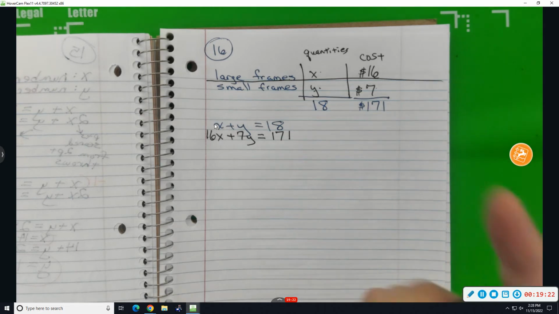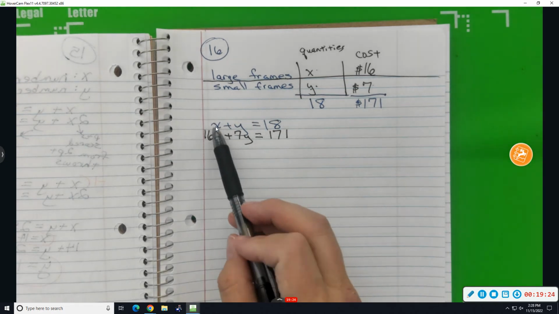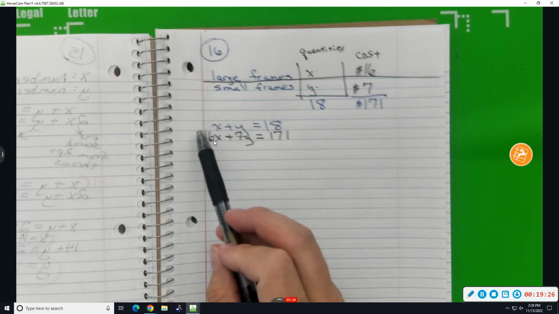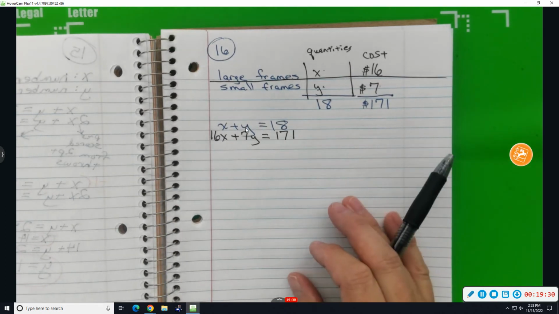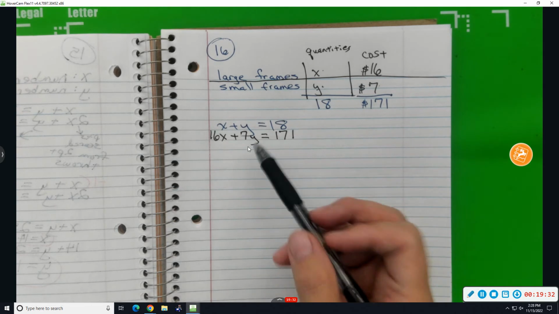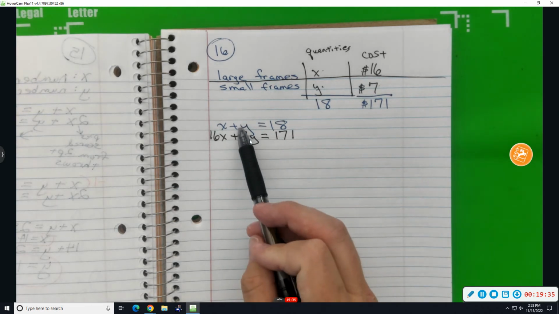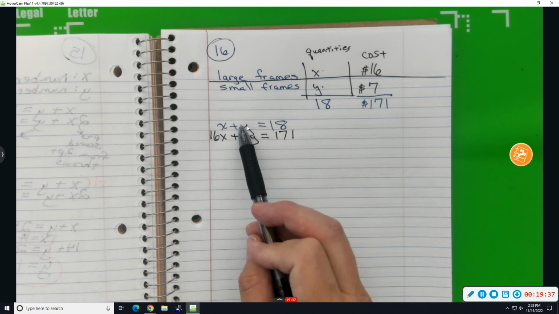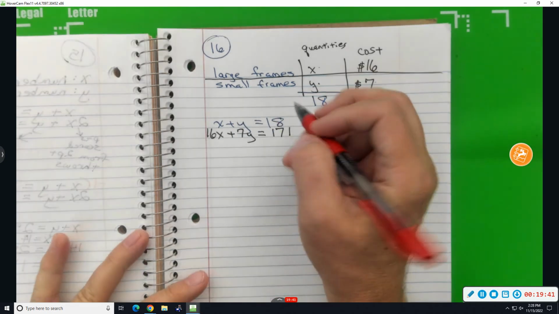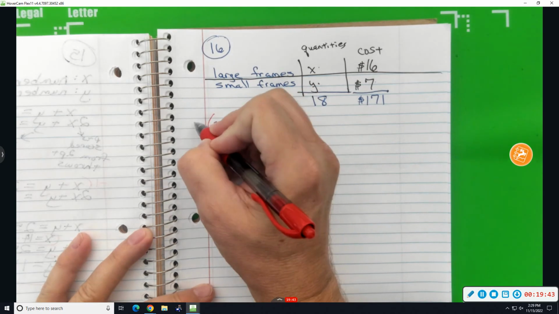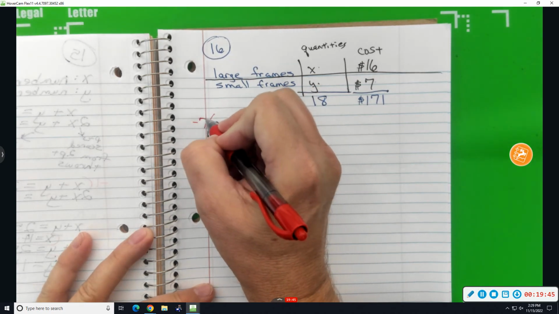I could change this 1x to a negative 16x, but I have to multiply by negative 16. I think I'm going to multiply by the smaller number, 7. I'm going to change that y coefficient there to negative 7 by multiplying through by negative 7.